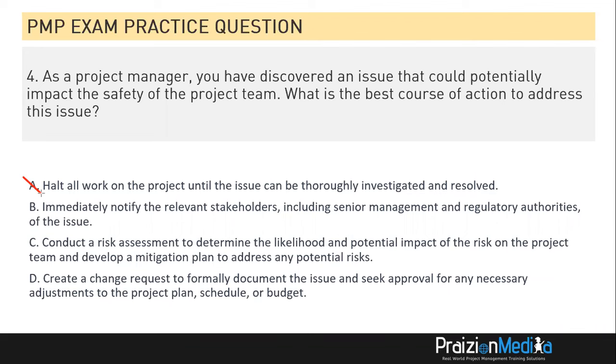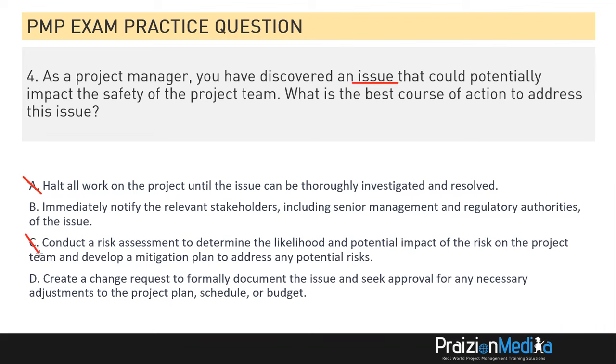C says, conduct a risk assessment to determine the likelihood and potential impact of the risk on the project team and develop a mitigation plan to address any potential risks. Well, this is not a potential risk. It says an issue, and therefore C has to go.